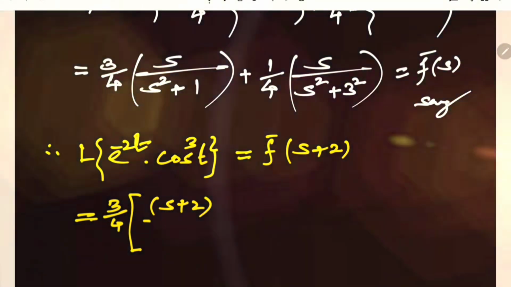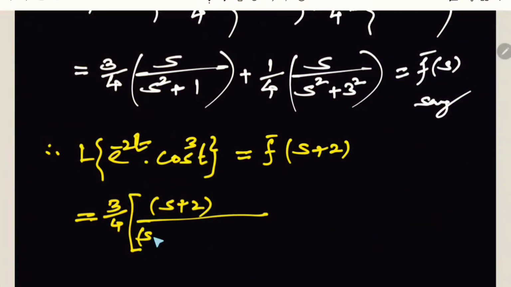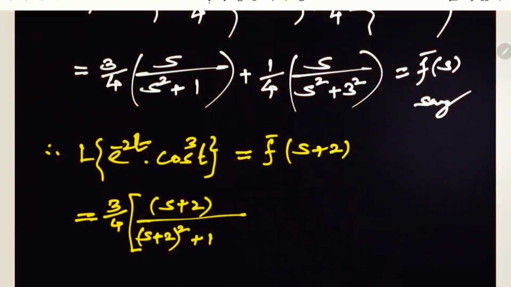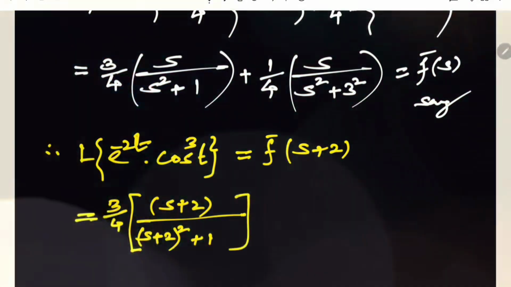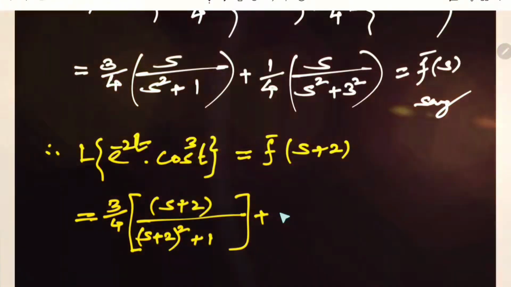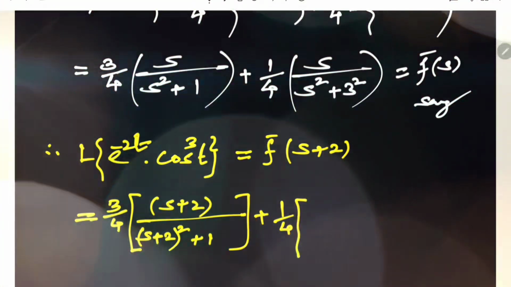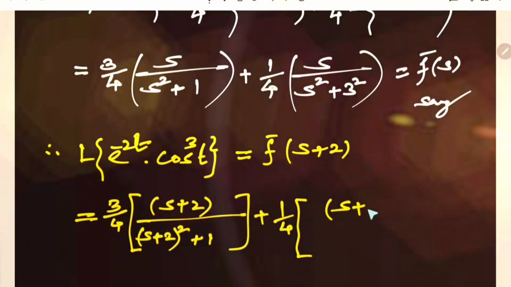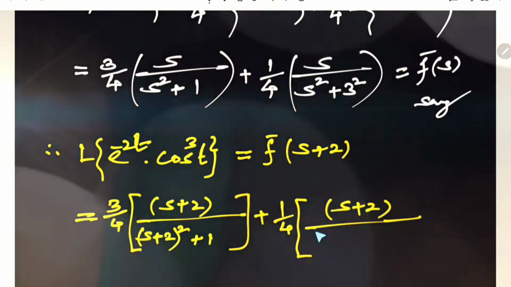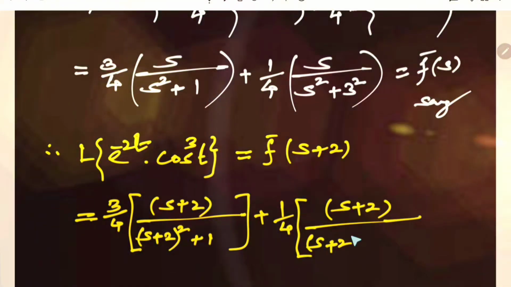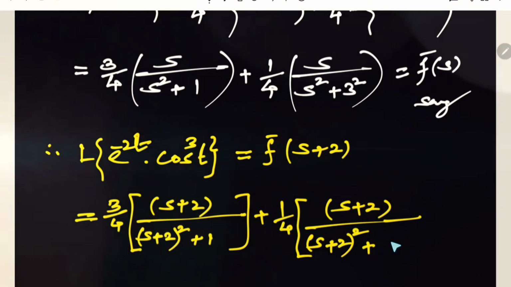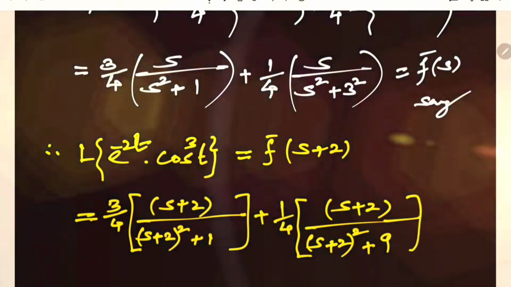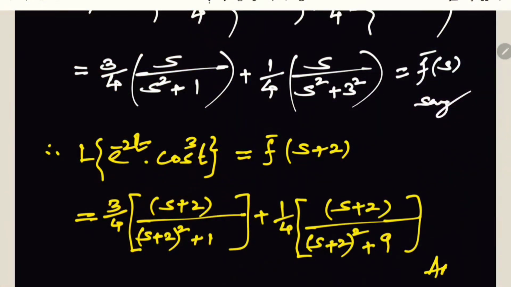We have 3 by 4 into s plus 2 whole divided by s plus 2 whole square plus 1 for the first term, plus second term 1 by 4 as it is, no change, plus 1 by 4 multiplied by s replaced by s plus 2, we get s plus 2 divided by s plus 2 whole square plus 3 square, means 9. A required answer.